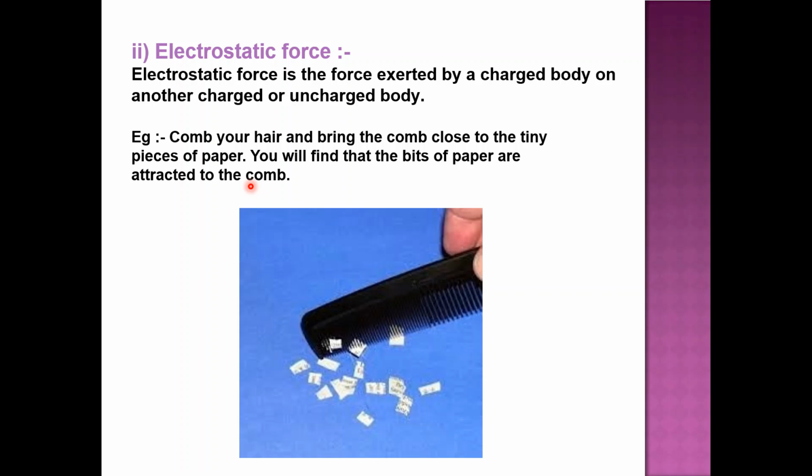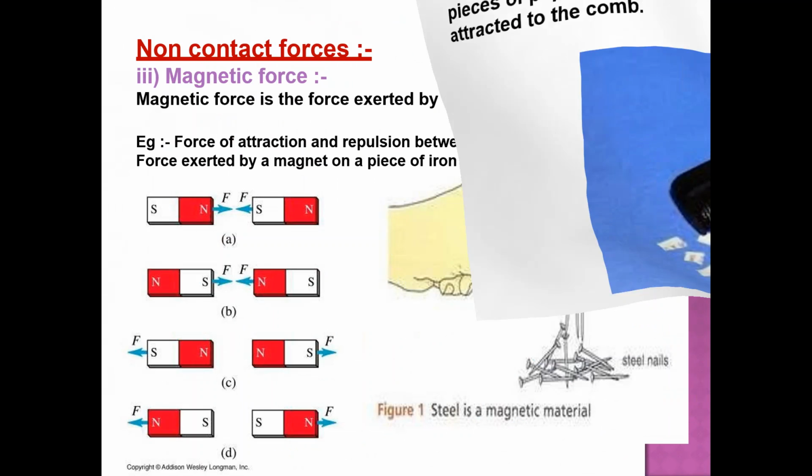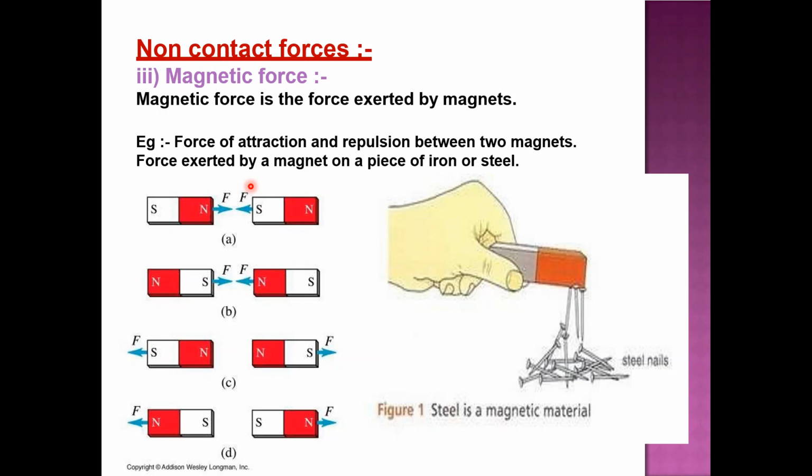Another type of non-contact force is magnetic force. Magnetic force is the force exerted by magnets. The force of attraction between a magnet and magnetic materials like iron and nickel is called magnetic force.